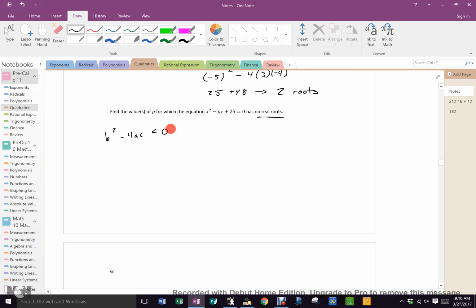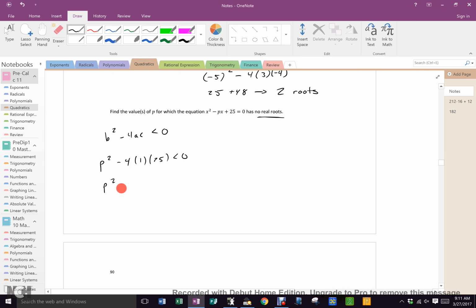Okay, so what's b here? No. What's b in this equation? Yeah, what is it? What's p? P is b. So it's p squared minus 4. What's a? 1. What's c? 25. And all that has to be less than 0, doesn't it?